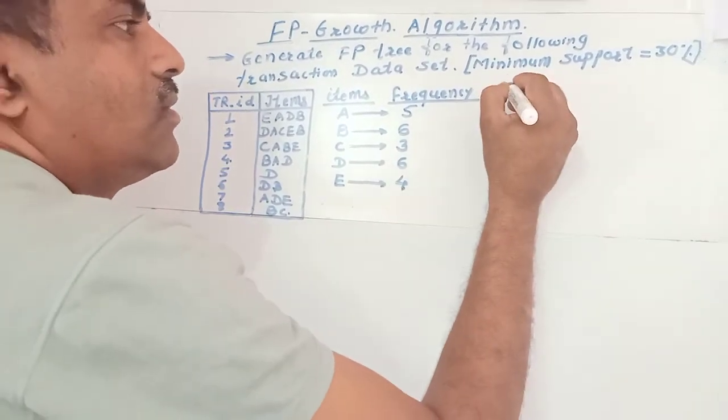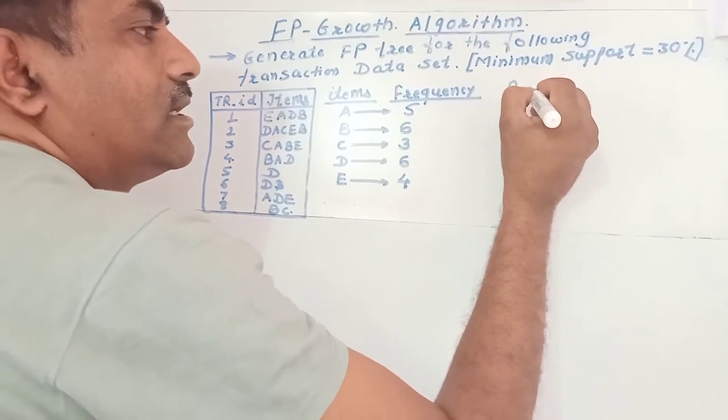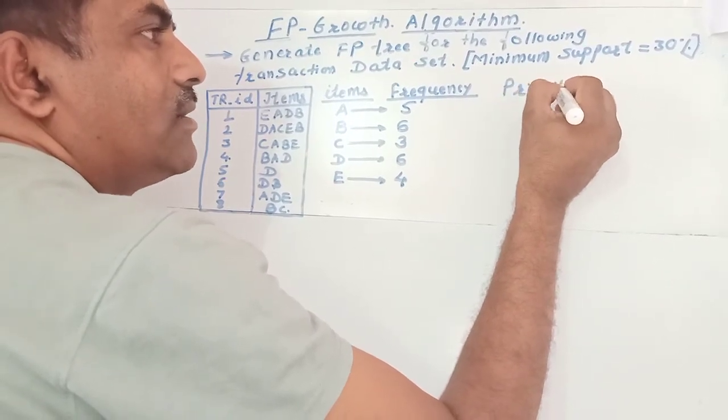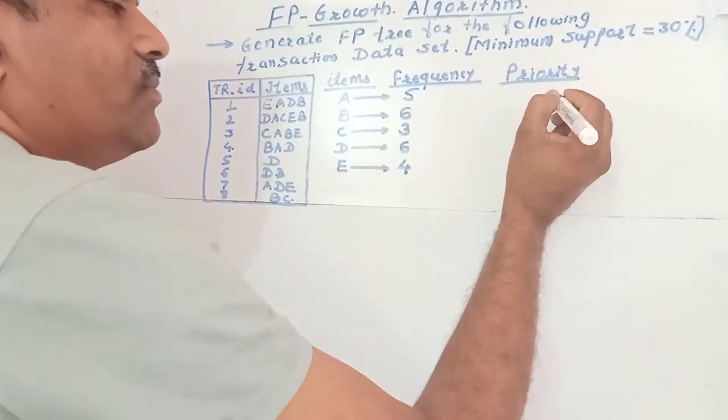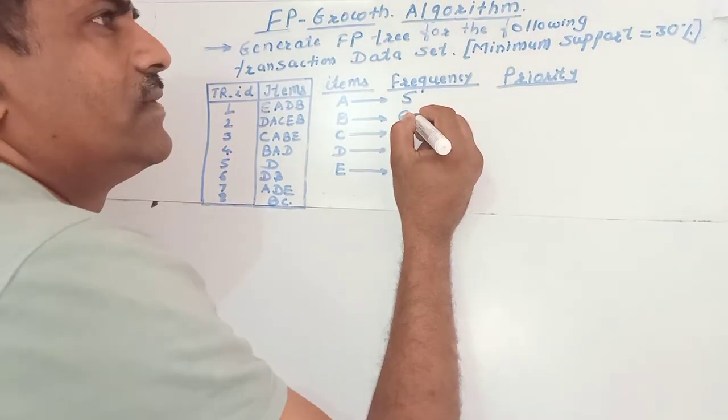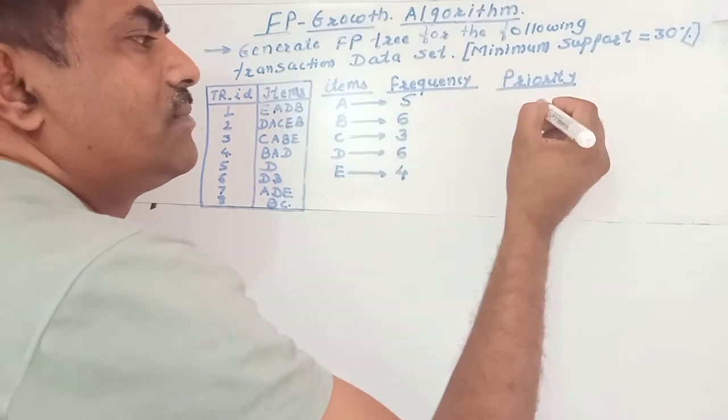Now let us find the priority of these items, right? The higher the frequency, the higher the priority.